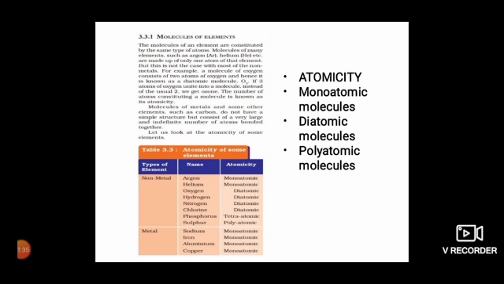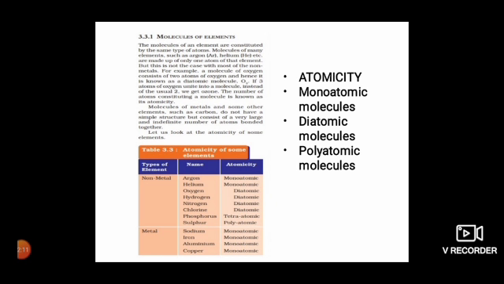Two atoms of hydrogen combine to form one molecule of hydrogen. That means the atomicity of a hydrogen molecule is 2. So the number of atoms participating to form a molecule is called the atomicity of that particular molecule.